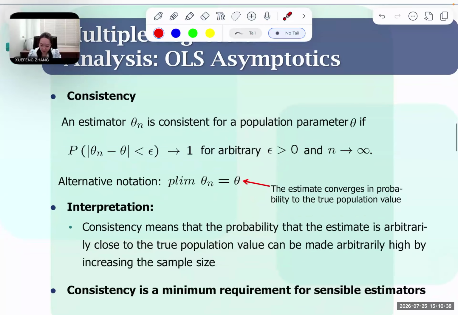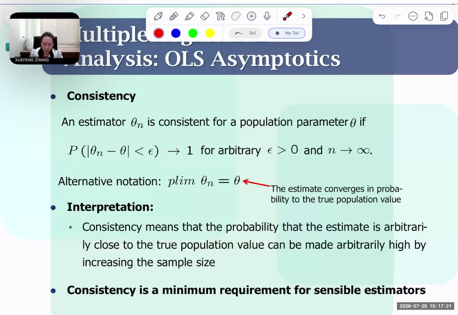The first concept, consistency. Let's build the intuition before the formula. Let's see the definition. An estimator theta n is consistent if, as n goes to infinity, the probability that theta n is within epsilon of the true theta goes to 1, for any arbitrary epsilon, however small.